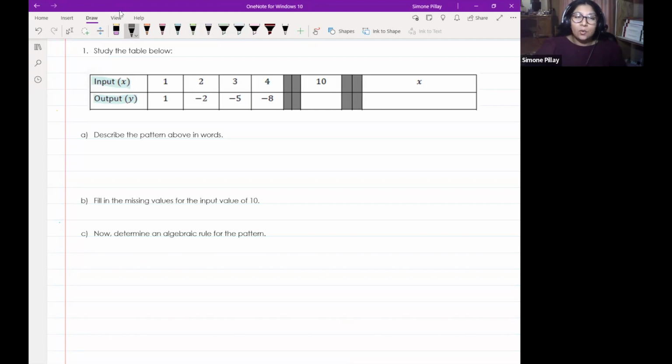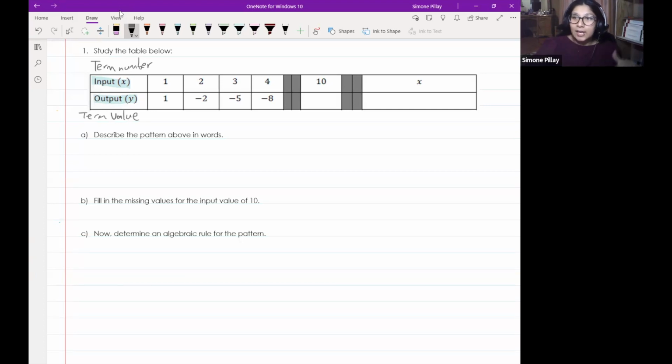And then what else did we talk about? What we really spoke about was a term number. So our input is our term number and our output is our term value. If you recall, I used the example of the class list.